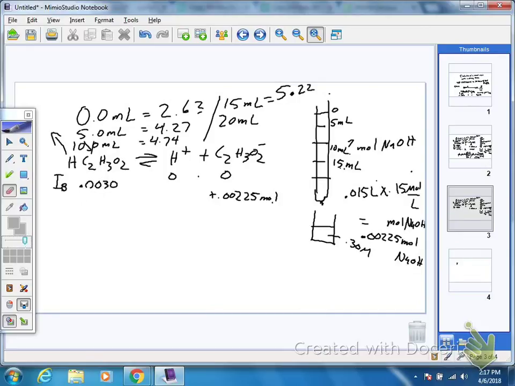We will not use this top equation much to do this next part, but we'll kind of get it to show you where we're at in the process. So now we're going to add 20. So we're going to add 20 milliliters.